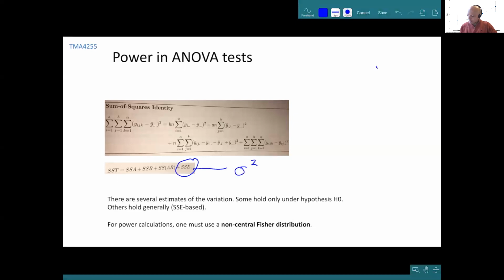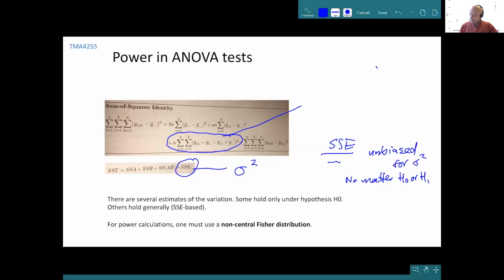But remember here that this SSE is always related to sigma squared. So SSE divided by the degrees of freedom is unbiased for sigma squared, no matter whether H0 or H1 holds. This is always providing an estimate for the variability. But if there were no interactions, this one would also quantify the variance. So under the hypothesis H0, this should also be a good way of estimating the variability.